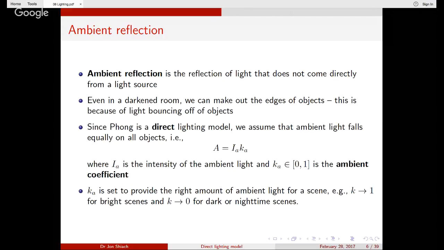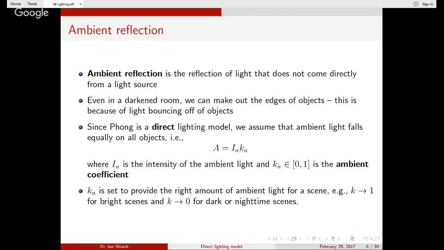How do we model this mathematically? Well, Phong assumes a very, very simple model of ambient reflection. All we have is this model here. Now A is the amount of reflection, and it's equal to Ia, which is the intensity of the ambient light, multiplied by Ka, which is called the ambient light coefficient.